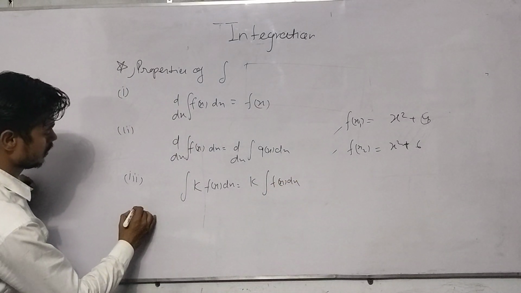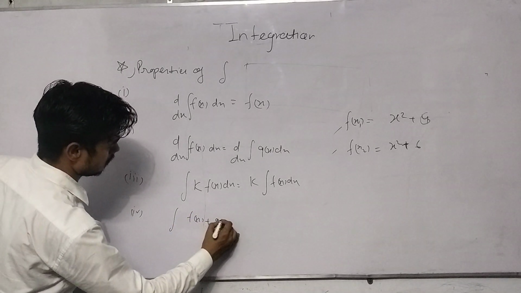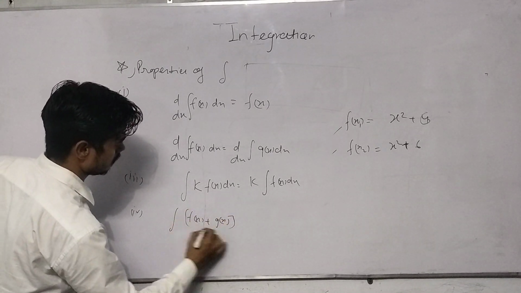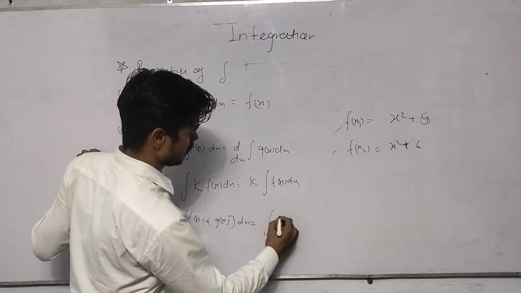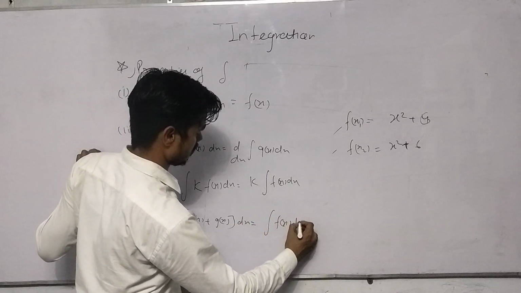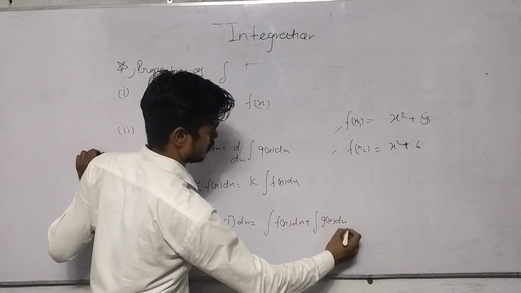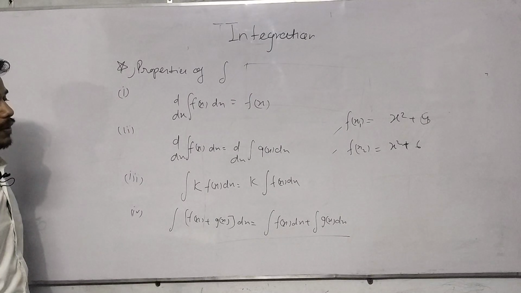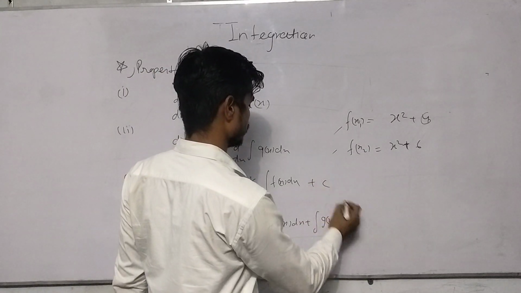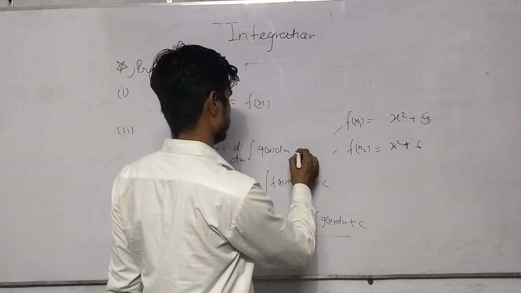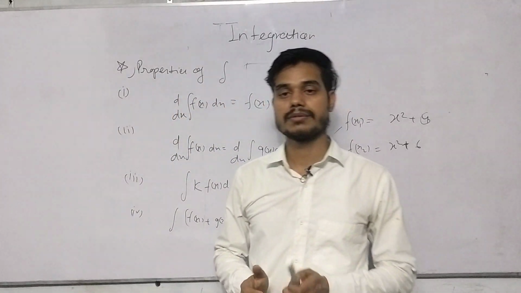When we have two functions combined, like fx plus gx dx, in that case we have to separate all the functions in terms of integration like this. Okay. After finishing it, we have to use the constant.